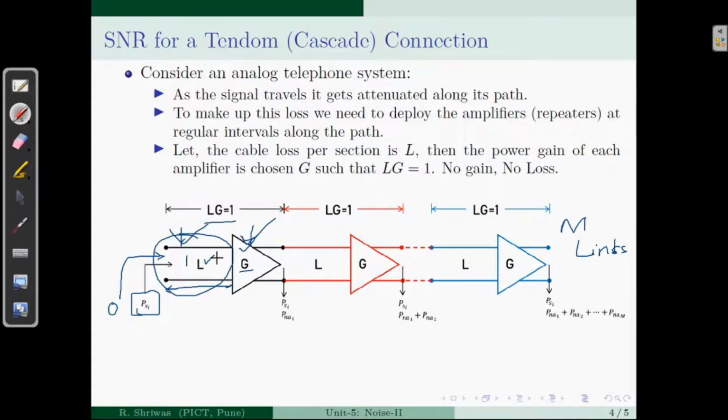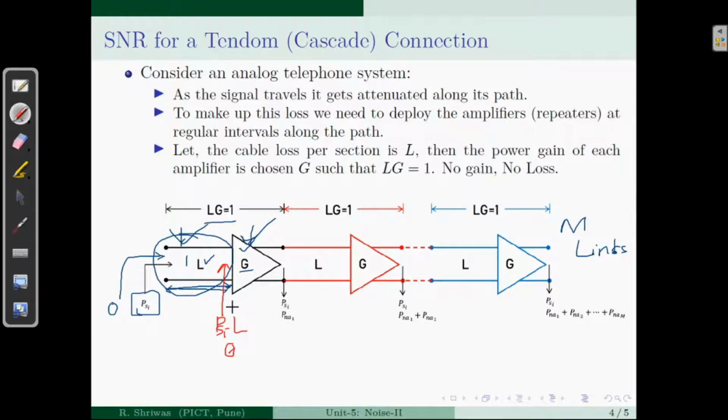Now the signal, when it travels one section of cable, as I said, gets a power loss of L. So at this point the signal power should be PSI times L, and the noise is still 0, because 0 times L is 0.